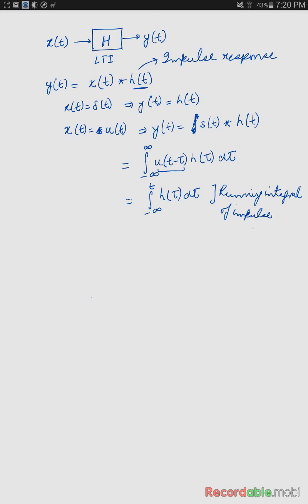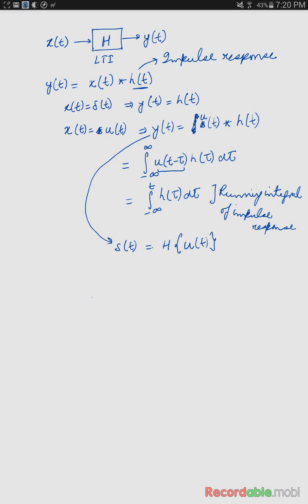The output y(t) for an input u(t) is denoted by s(t). S(t) is really the response of system h to input u(t), and that's what we calculated here.